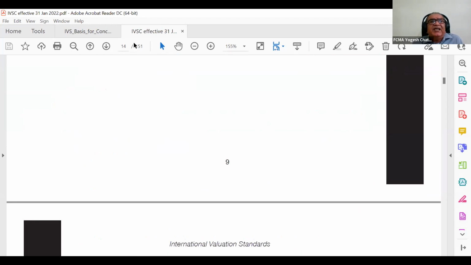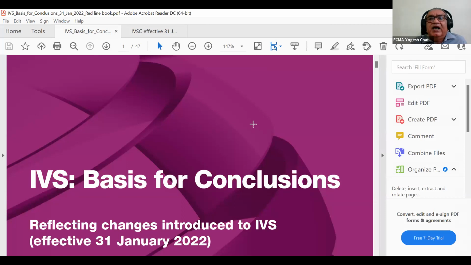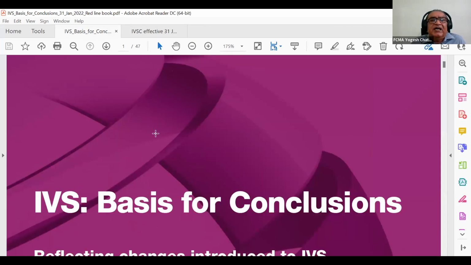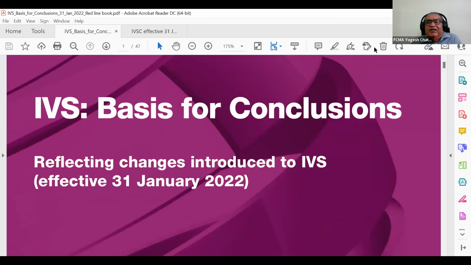I am not aware whether you have come across this or not. This is also available on the internet. So here, the basis of conclusion. As we are aware, whenever some changes are made to an important law provision or standard, the regulatory authority provides a discussion paper.